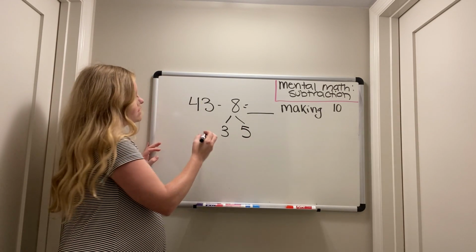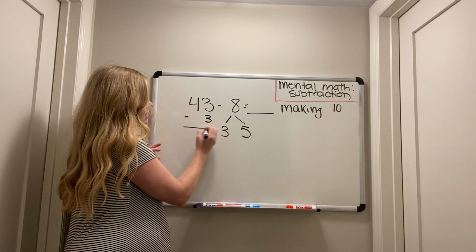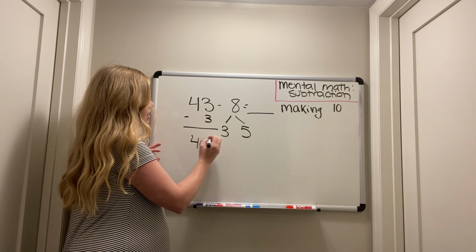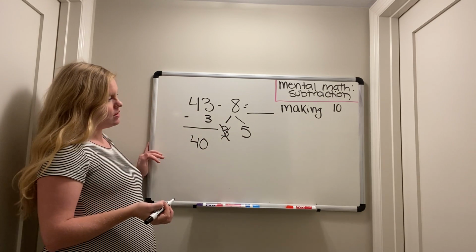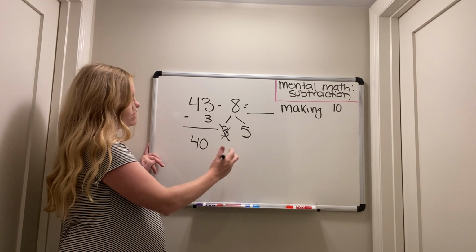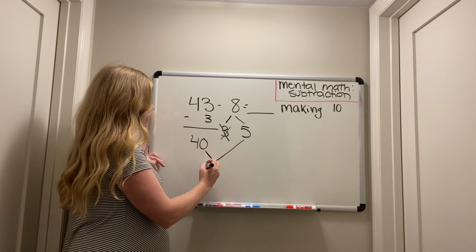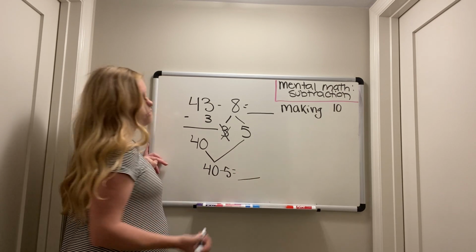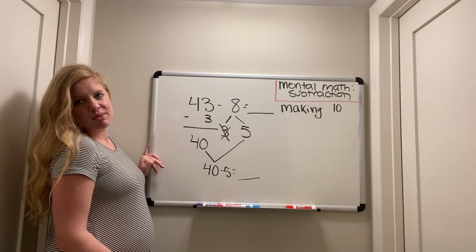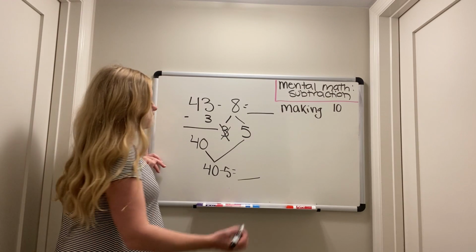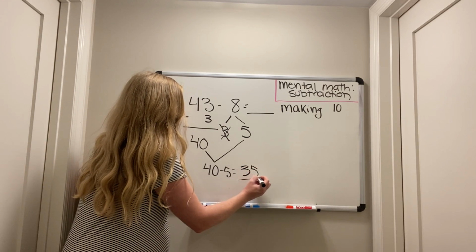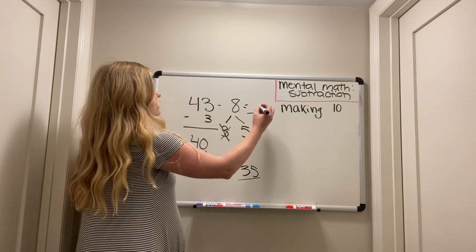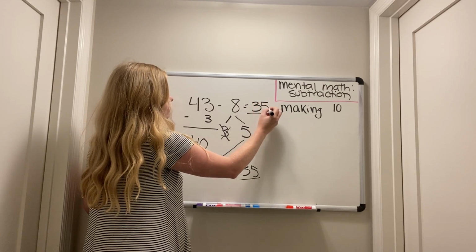Now, 40 minus 3 is 40. Don't forget to get rid of that 3. But also don't forget that we still have this 5 over here. 40 minus 5 is a much simpler math fact. 40 minus 5 is what? Very good, 35. So 43 minus 8 is 35.